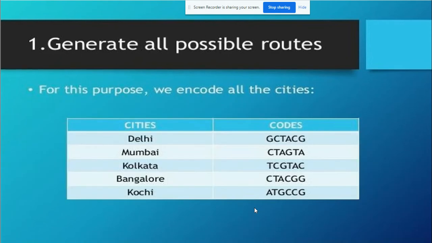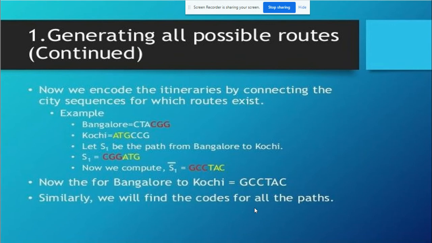The possible routes are as follows. We encoded the cities with some codes, and the city names are Delhi, Mumbai, Kolkata, Mangalore, and Kochi. Let's move to the cities and solve the problem.